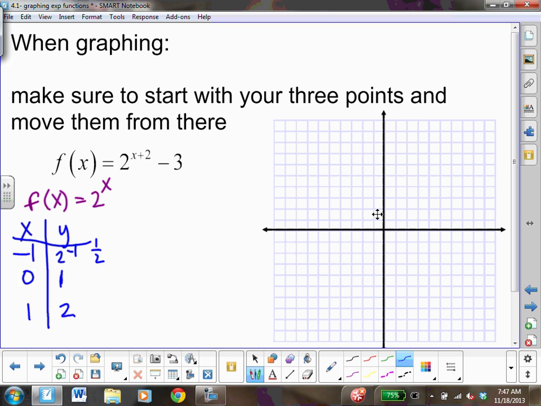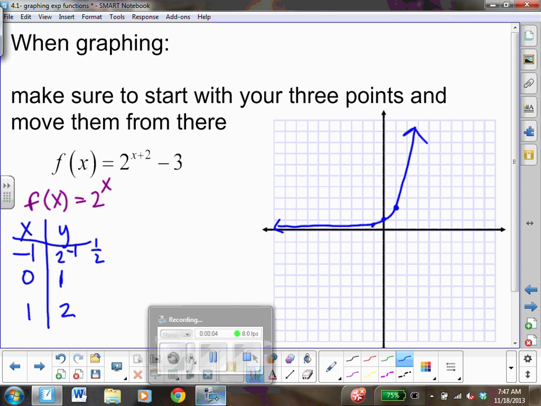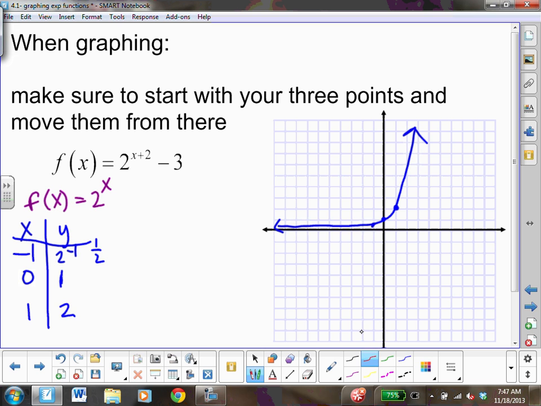So I'm going to plot my parent points just like I would any normal function. -1, 1/2. I have to approximate that. 0, 1, and 1, 2. And this graph is going to increase very rapidly. Notice, there is an asymptote here.